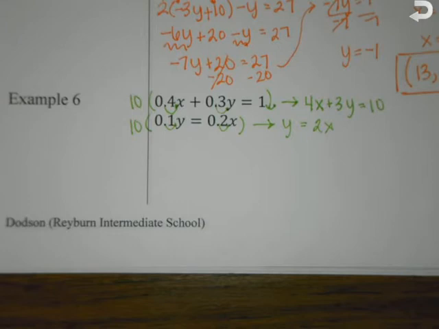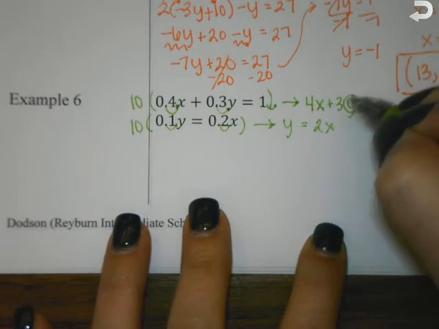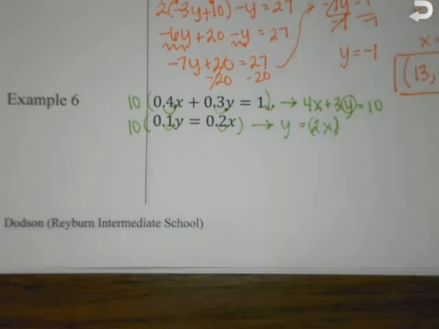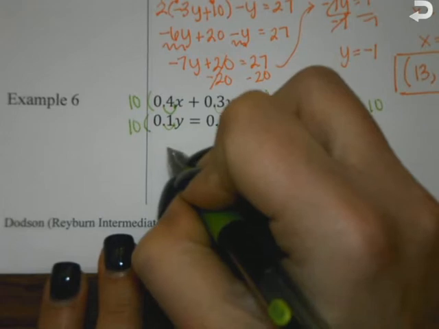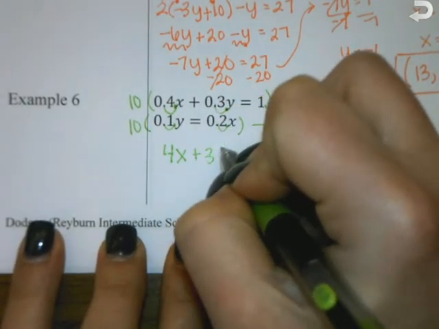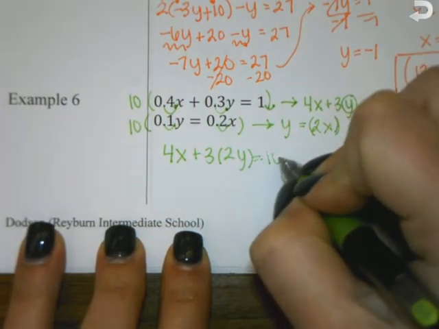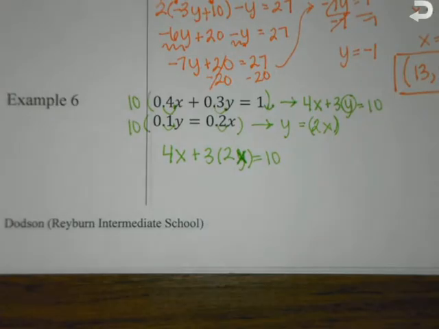Y. I would substitute y, and what would I plug in for y? 2x. So do that. I'll start it for you. That's going to give you 4x plus 3 times 2y equals 10. Sorry guys, it should be 2x, not 2y.